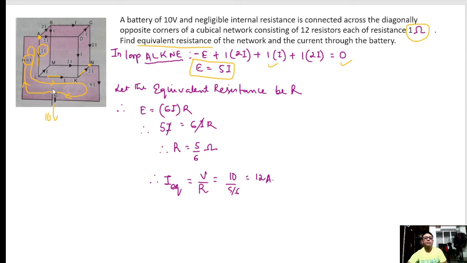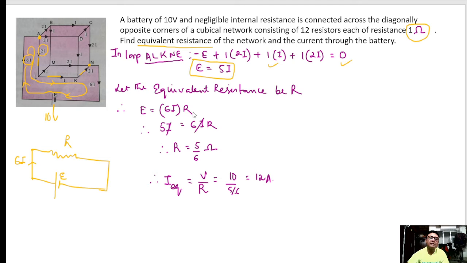Now instead of the cube, suppose I connect a resistance R. So what will happen? This is 6I coming, and this is E. So how will I write it?